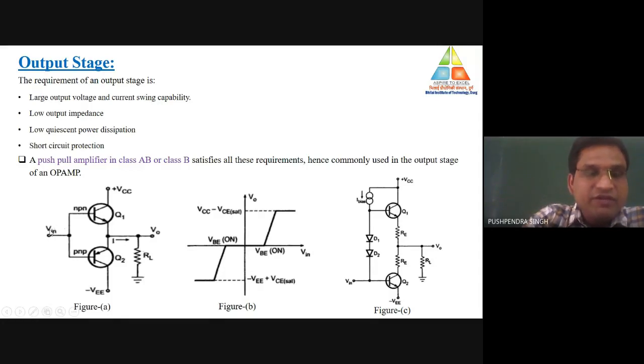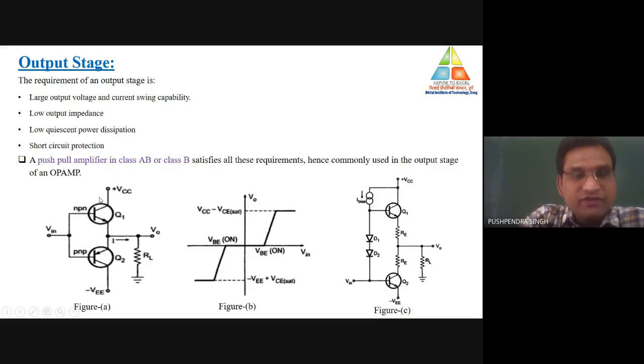But when the input voltage is negative, the voltage will transfer from this terminal to it. So it is in the negative direction, and transistor number 2 is acting like a sink and transistor number 1 is acting like a source. So sourcing and sinking capability is there by connecting the circuit as a class B amplifier.